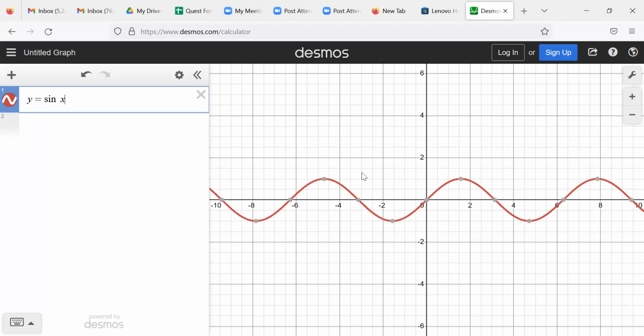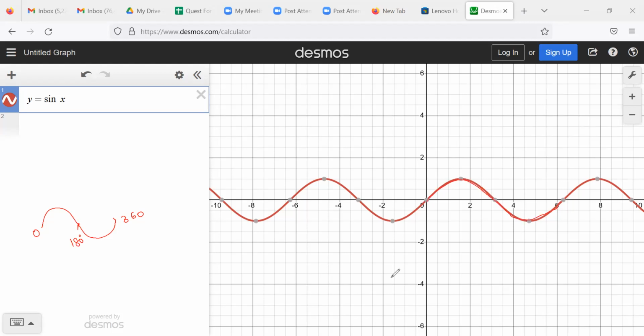Can you see the sine x graph? Yeah. Now, I'm zooming it in and you can see the pattern that it is a cycle which keeps on repeating. This is one cycle from 0 to 360 degrees. And where it cuts the x-axis is 180 degrees. So this is a sine graph, right? It completes one cycle at 360 degrees.